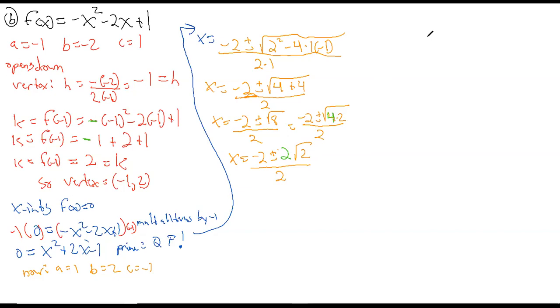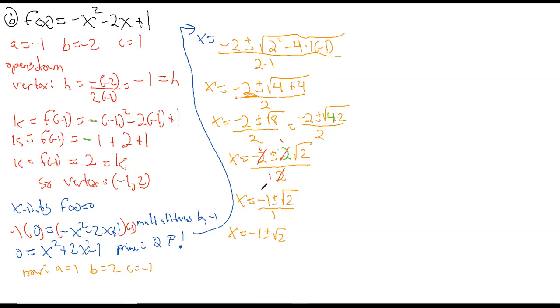But guess what? There's a factor of 2 everywhere outside. So you can take a GCF out and cancel it, or you can just do it the shorter way. Each of these 2's divides and makes a 1. So x equals negative 1 plus or minus the square root of 2 for 1, which is just negative 1 plus or minus the square root of 2.